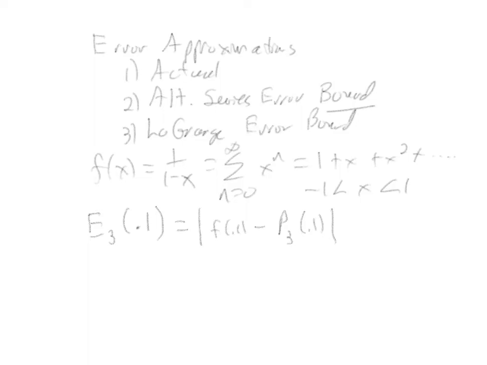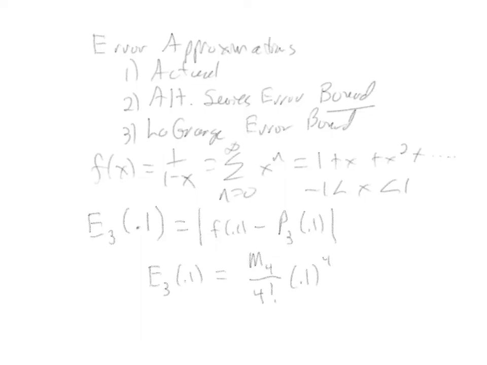Now, the Lagrange error bound says that the error after the third term at 0.1 is less than or equal to M, and this M you're not going to like, the maximum value of the fourth derivative, over 4 factorial, times 0.1 to the fourth.